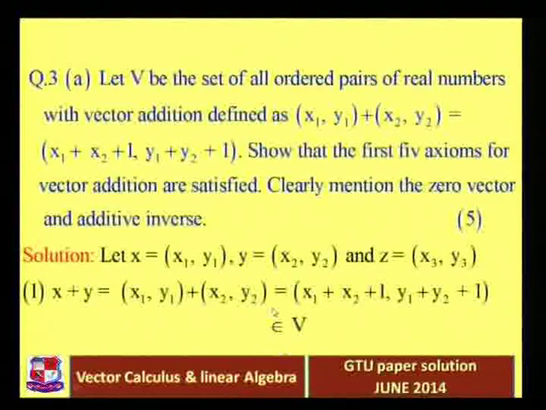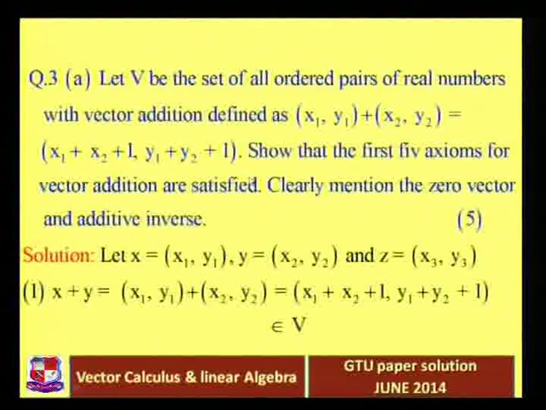This belongs to V because V is the set of all ordered pairs of real numbers. Both coordinates are real numbers, since x1 and x2 are real and the sum of real numbers plus 1 is also a real number. So the first condition is easily satisfied.